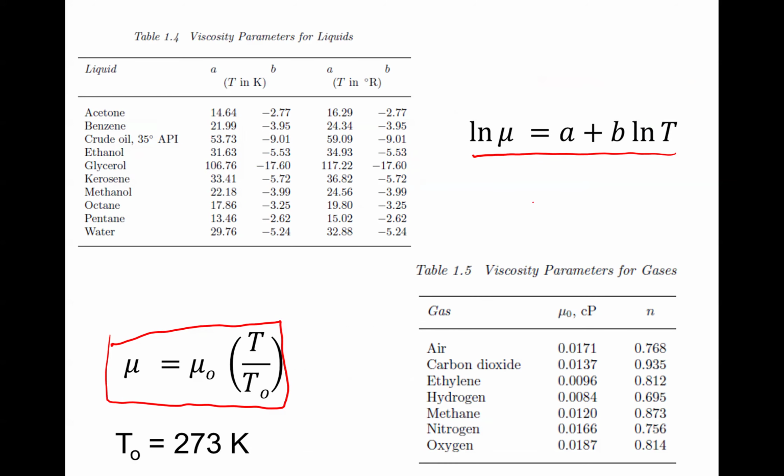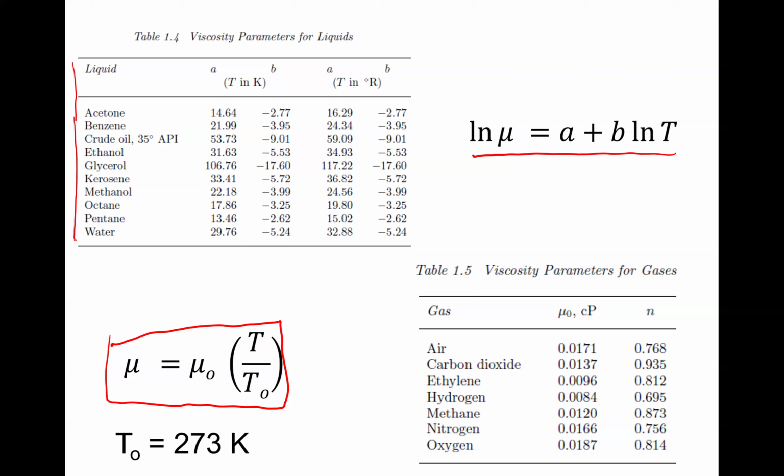Viscosity is also a heavy function of temperature. So you see here two equations, one for liquids and one for gases. The equation for liquids is logarithm of mu equals A plus B logarithm of T, where the A's and B's are found in tables in the book, as you can see in this table for a few liquids.